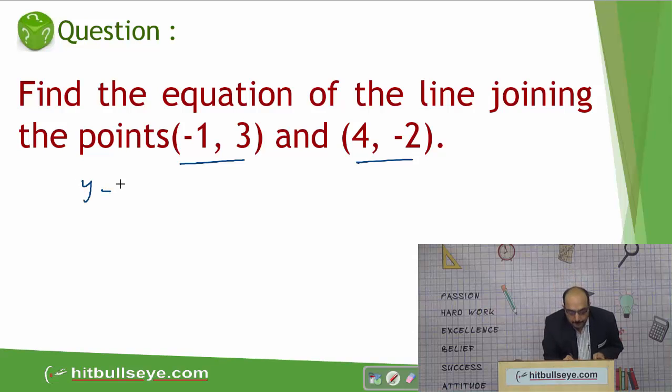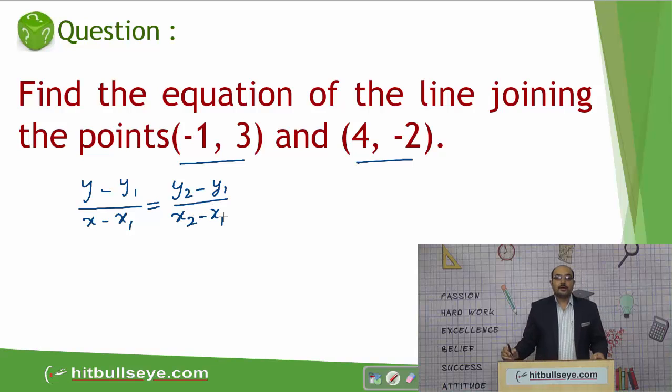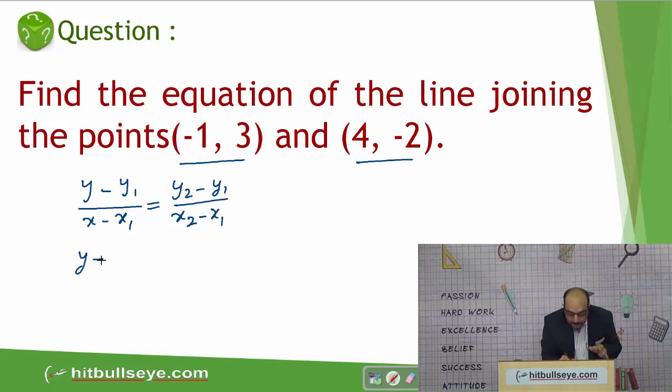So we have the formula. It says y minus y1 upon x minus x1 equals y2 minus y1 upon x2 minus x1. Let's put the values. We can just write the points. This is x1 y1, and this point is x2 y2.